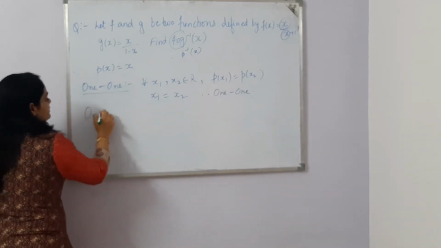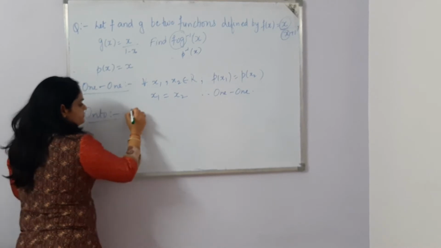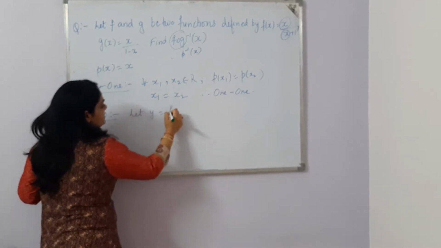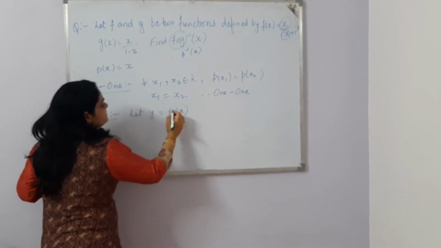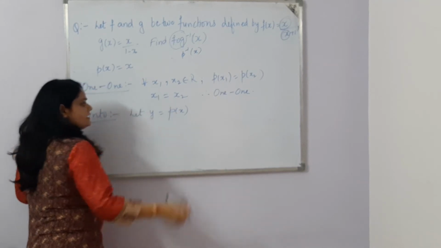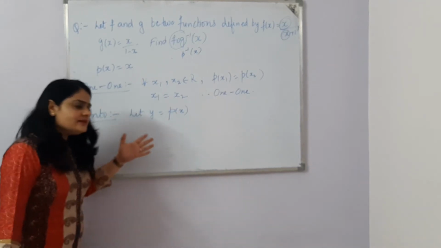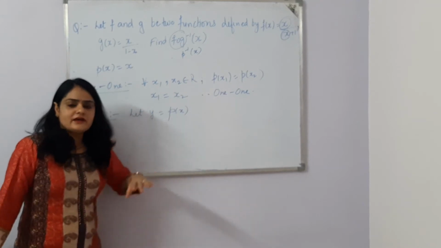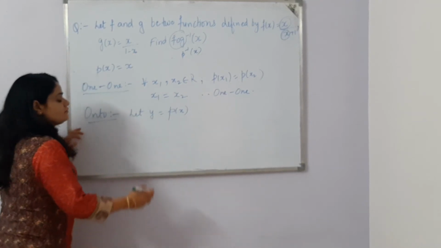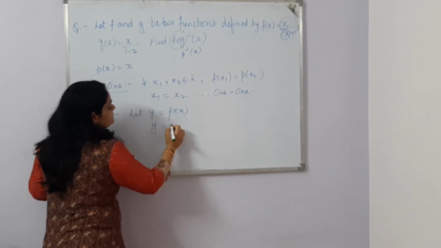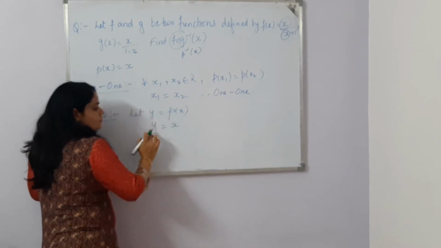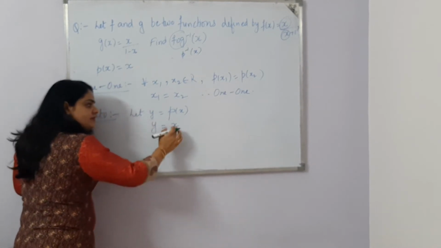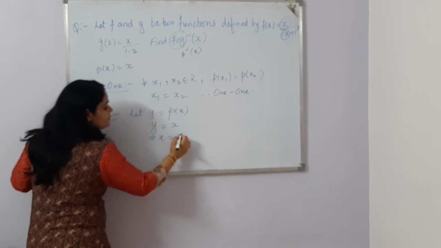Now we'll do this question for onto. Let y is equal to p of x. We are too familiar with f of x, so I am writing f of x again and again, but it is p of x only. So y is equal to p of x. What is p of x? It is y equal to x. So we can consider y in terms of x or x in terms of y.